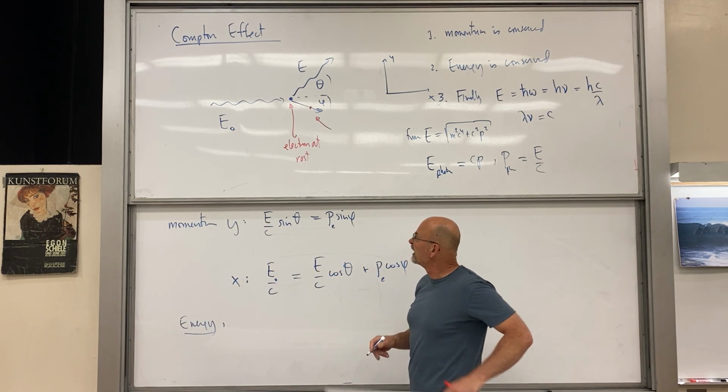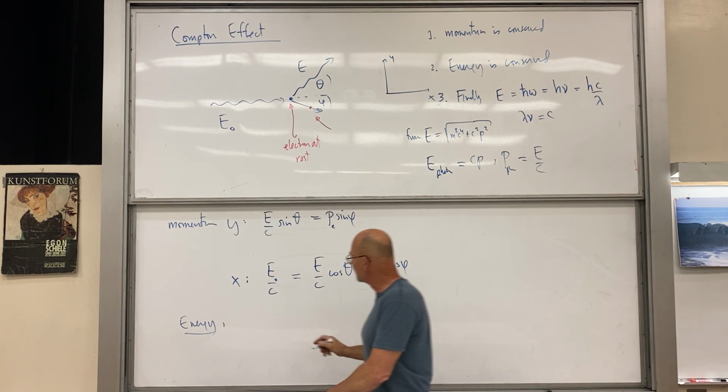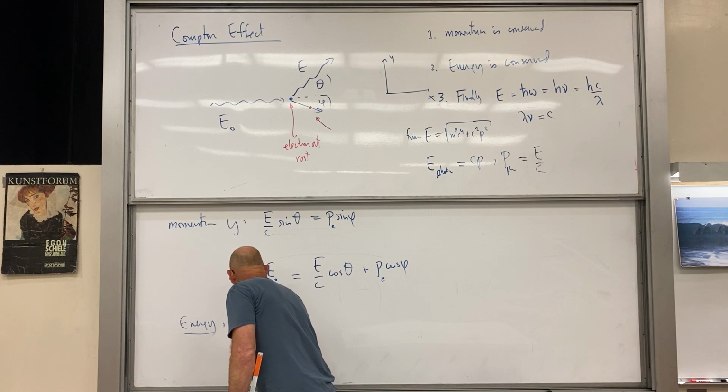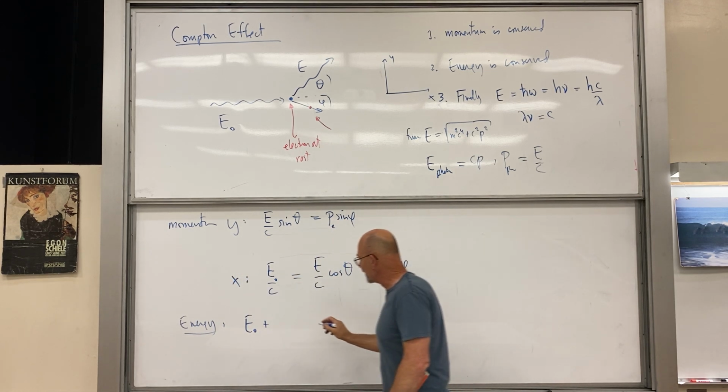So the energy of the system initially is the energy of the photon, which is E0, and then the rest energy of the electron, which is mc squared.